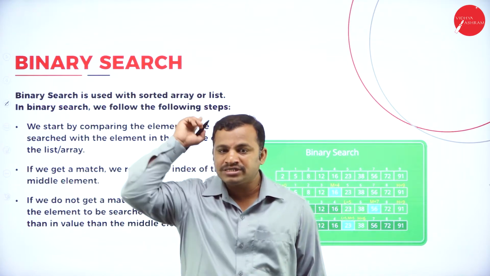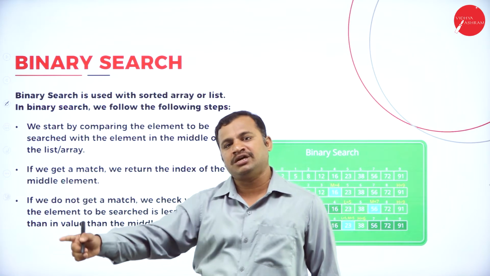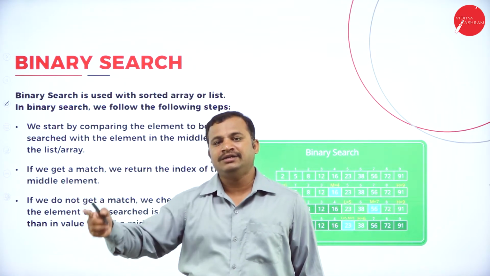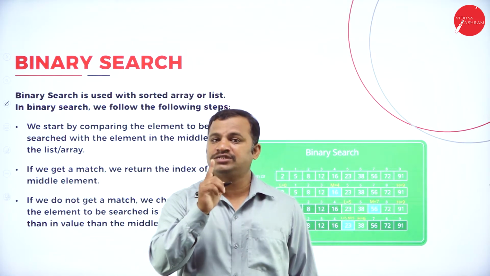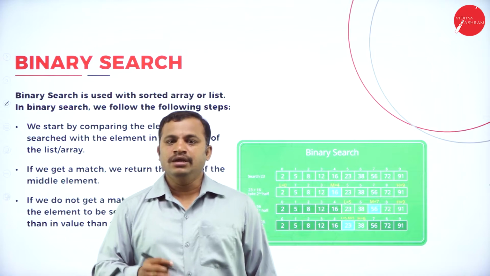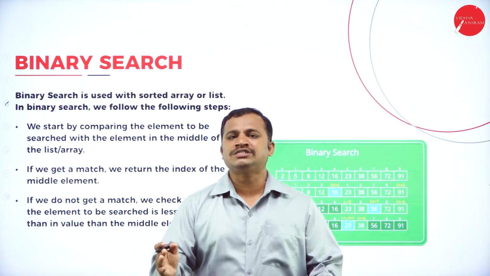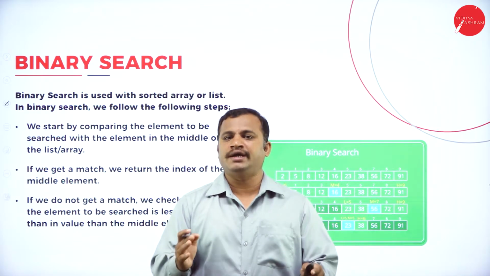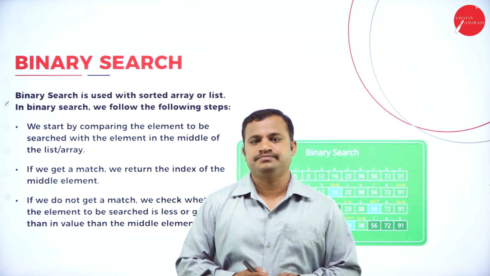The elements must be sorted first, then the elements can be searched in the list or array. That is the first condition. In order to employ binary search, the elements must always be sorted. Then we can apply the binary search algorithm.